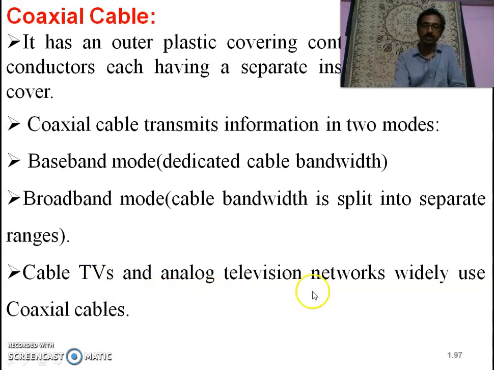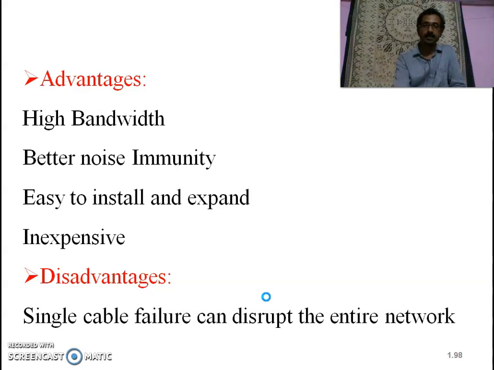And advantages: it has high bandwidth and better noise immunity, is easy to install and expand, and it is inexpensive. And disadvantages: a single cable failure can disrupt the entire network.